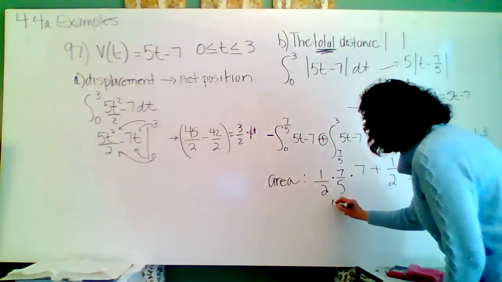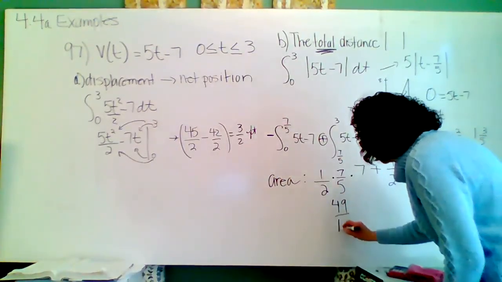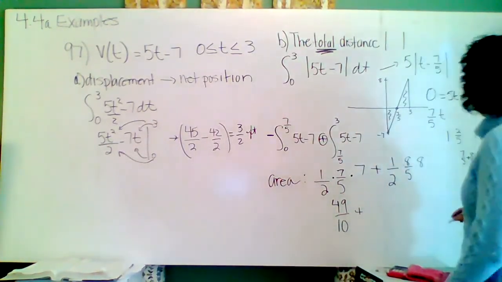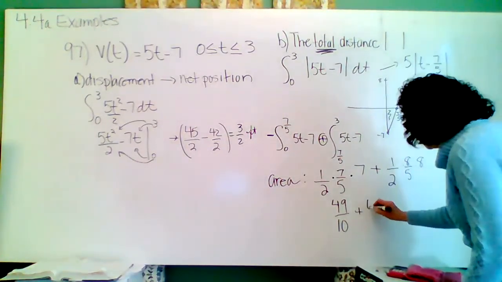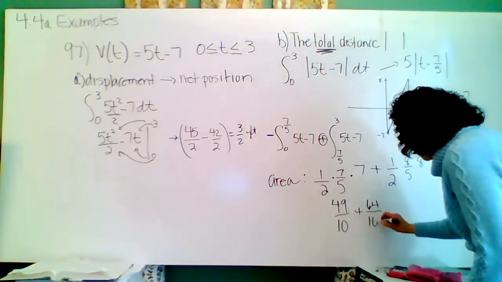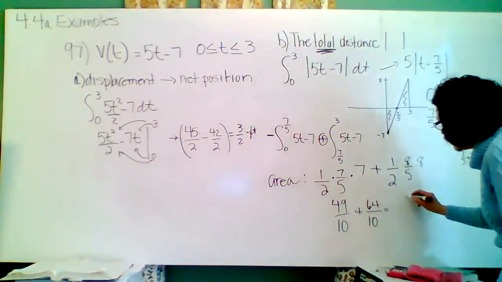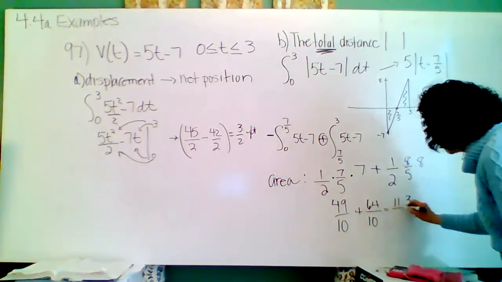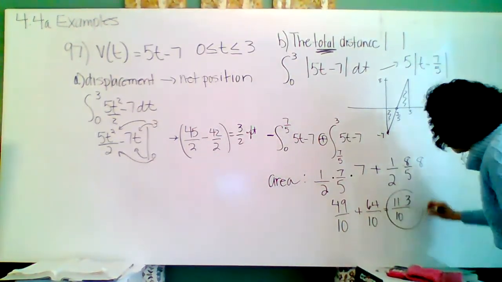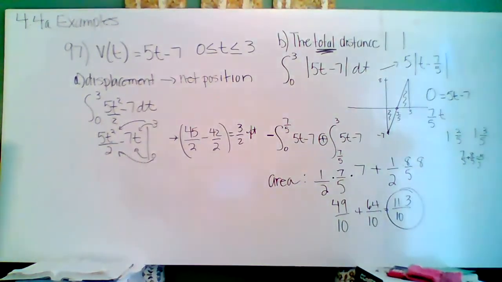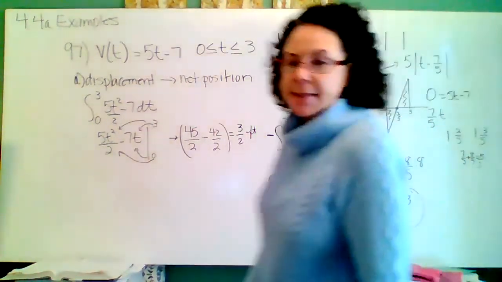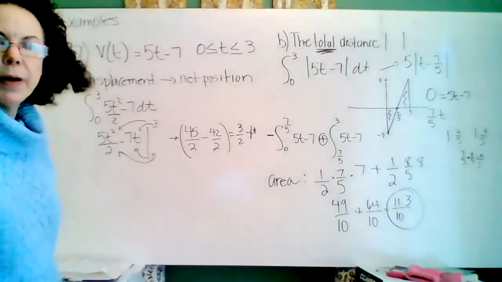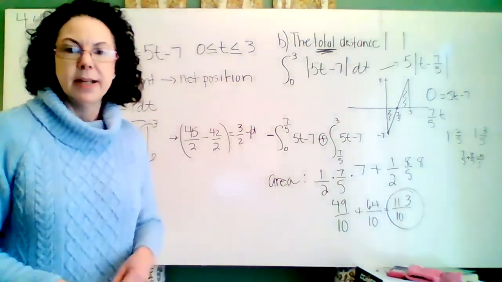We have 49/10 plus this is 64/10, and that total area is 113/10. And that is correct. And of course it came out positive. That's all that we were allowed.